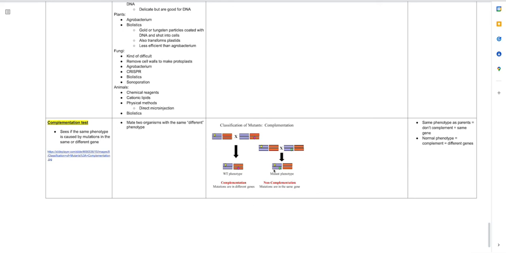And if the offspring has a normal phenotype, like the two red butterflies have offspring that are blue, then you would say basically there is complementation, and the mutations are in different genes. So if you look at this picture, you can see a visual depiction of how this works.